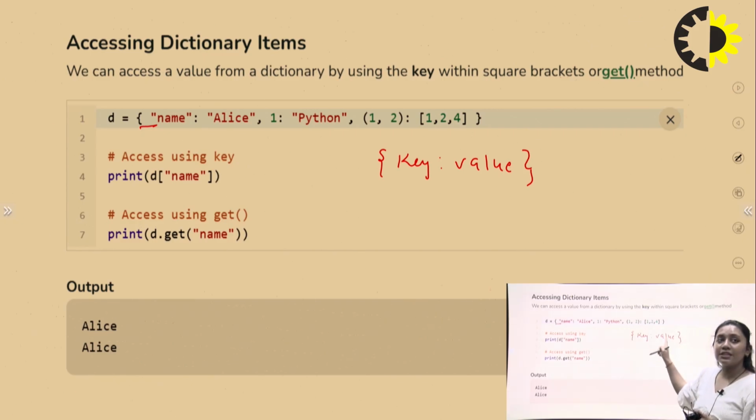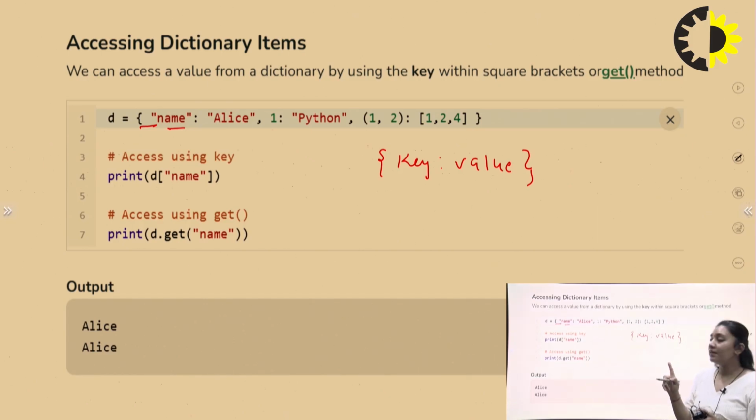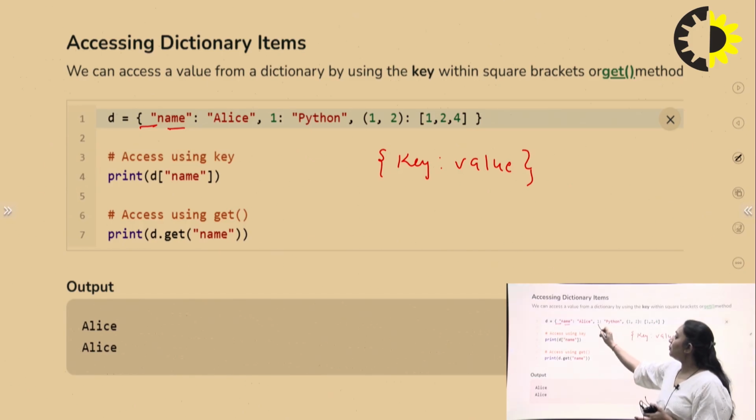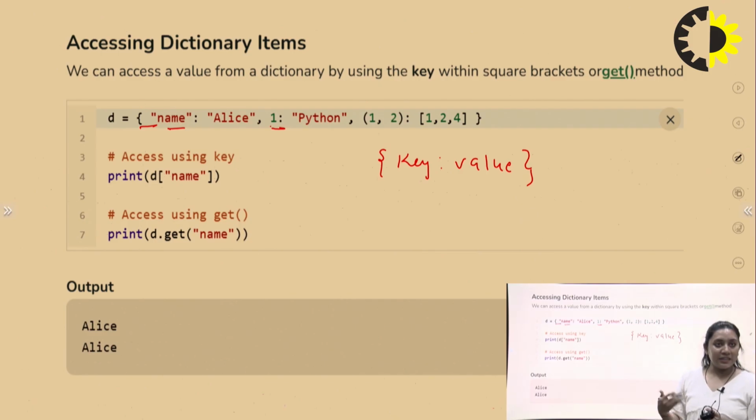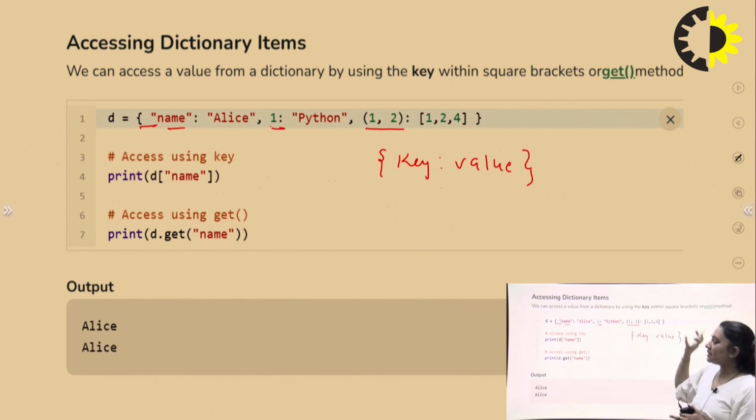In this dictionary, the first key is name, the second key is an integer, and the third is a list. Tuple and list, right? So different types of categorization are performed in the dictionary items, right?